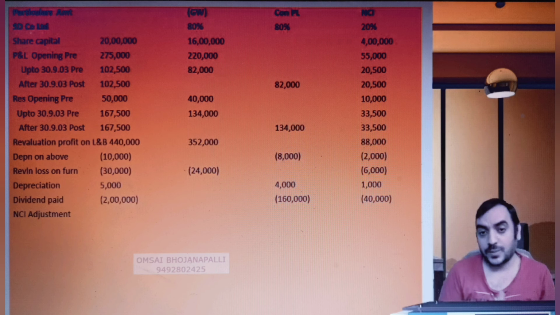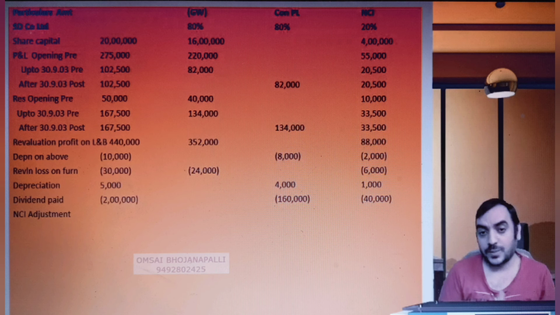I'll just write above. Since the rate of depreciation is not given, it is calculated by assuming that there are no purchases and no sales during the year.